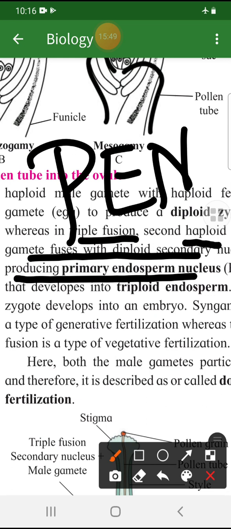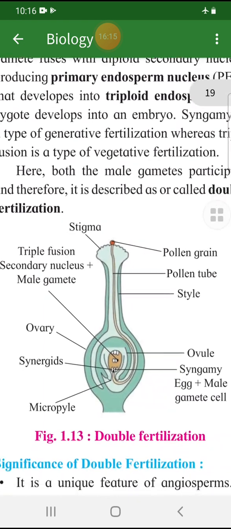First our zygote formed, and now food is also formed for that zygote, meaning it's the nourishing tissue. Primary endosperm nucleus is nothing but the nourishing tissue, and we get a triploid endosperm, because it has 3 nuclei inside, so that's why we say it is the triploid endosperm.